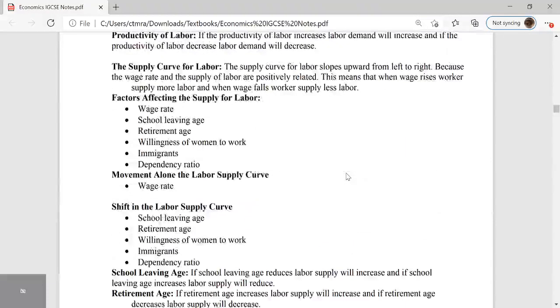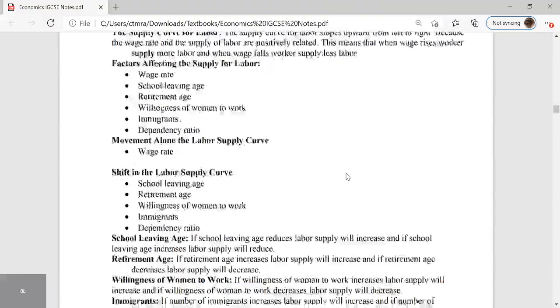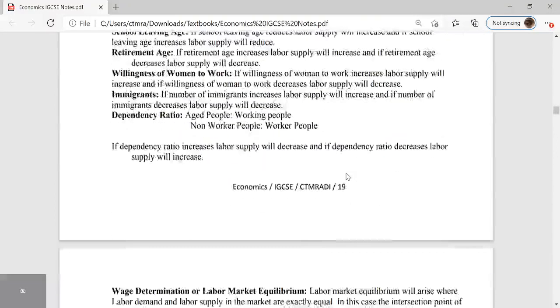For supply of labor, the factors were wage rate, school leaving age, retirement age, willingness of women to work, immigrants, and dependency ratio. These are the things we discussed.